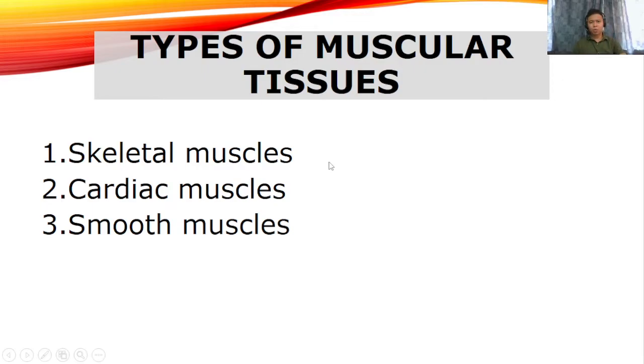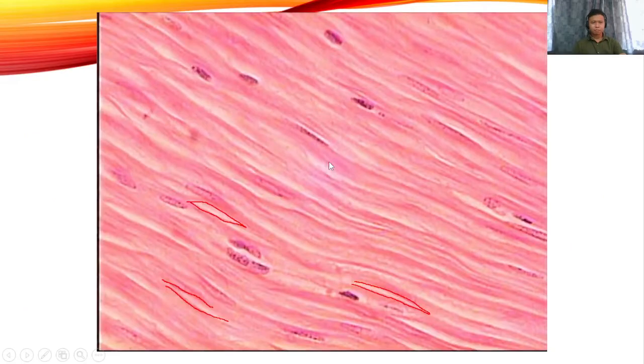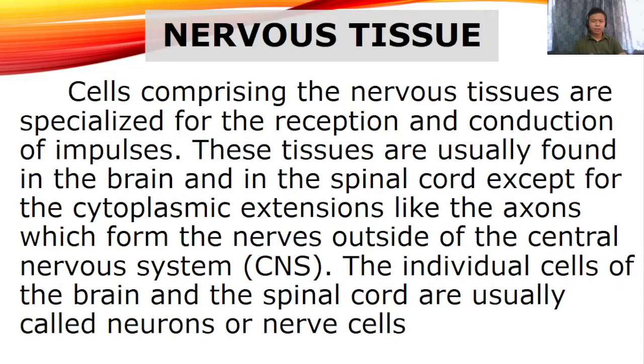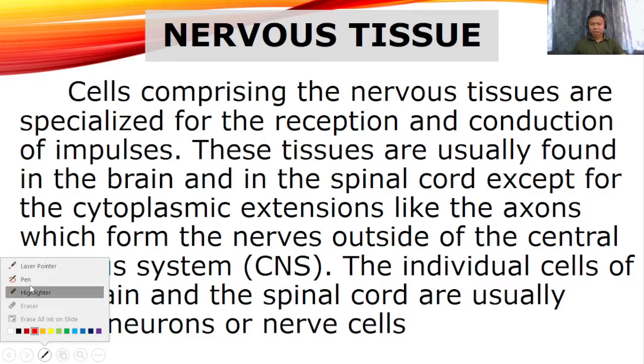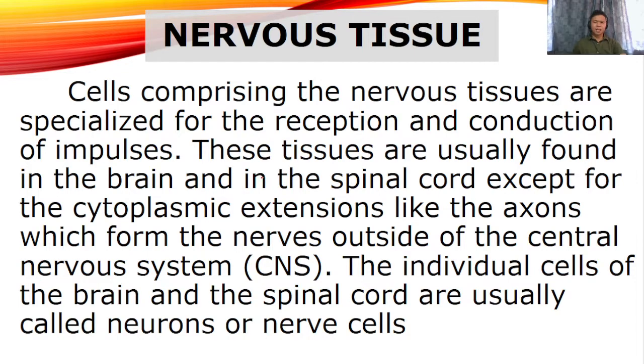Moving forward, we have the nervous tissue. They are usually made up of specialized nerve cells capable of receiving and producing nerve impulses, which is a signal sent by the brain to respond to a particular stimulus.